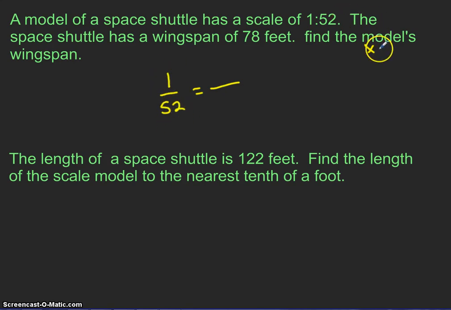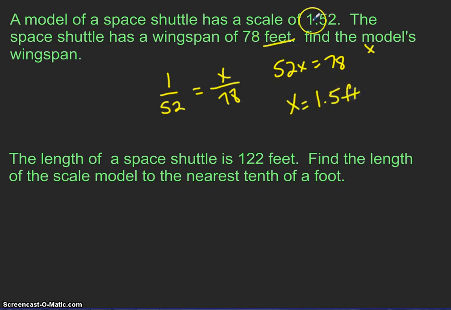If I'm finding the model's wingspan, x has to match up with the model's number here. 78 feet is the real wingspan, so that has to go here. Now I just cross multiply. 52x equals 78. I divide 78 by 52 and I get 1.5. X is equal to 1.5, and because I started in feet, my answer's in feet.